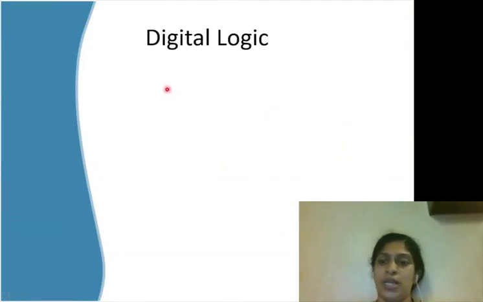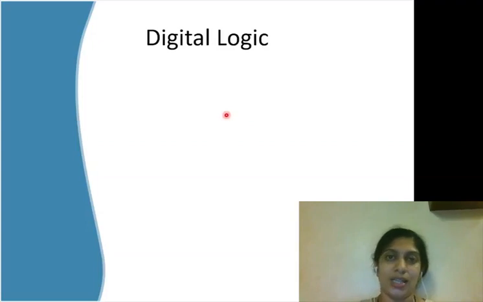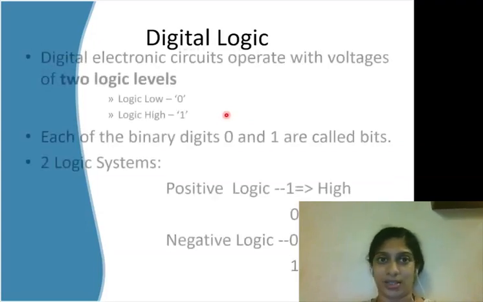Okay, does anyone of you know what the term digital logic means? Any ideas? Yeah, most of you will be aware of the term digital logic.